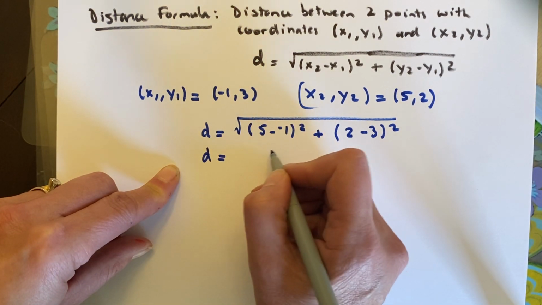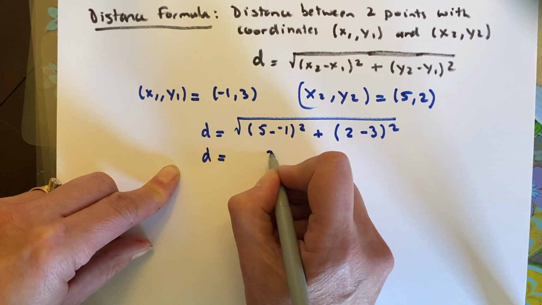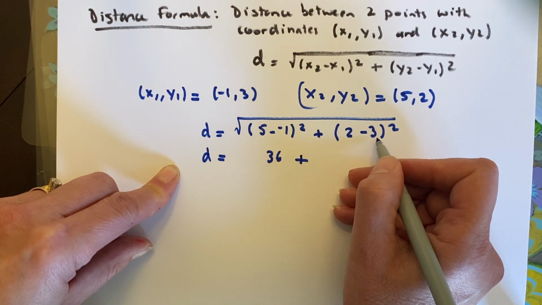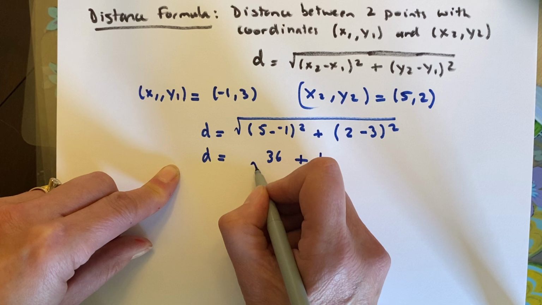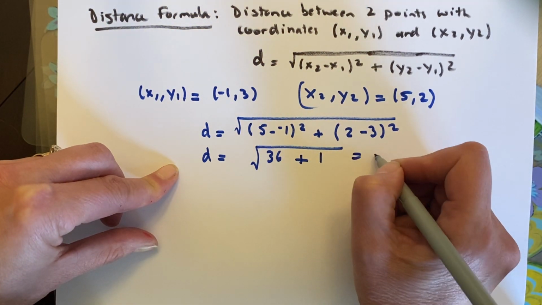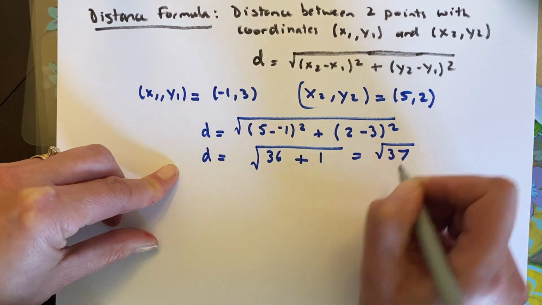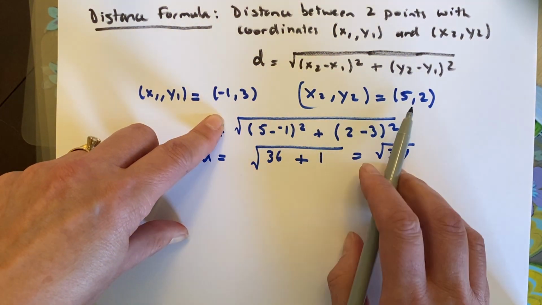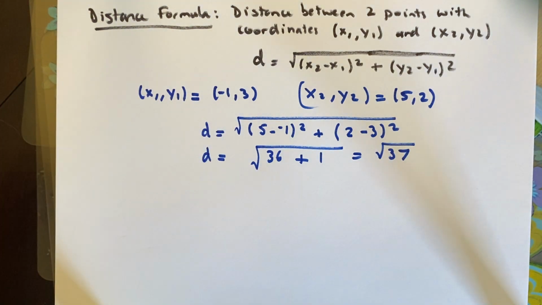D equals 5 plus 1 is 6, squared is 36, plus -1 squared plus 1. And I end up with the square root of 37. And so the distance between the points -1, 3 and 5, 2 is the square root of 37.